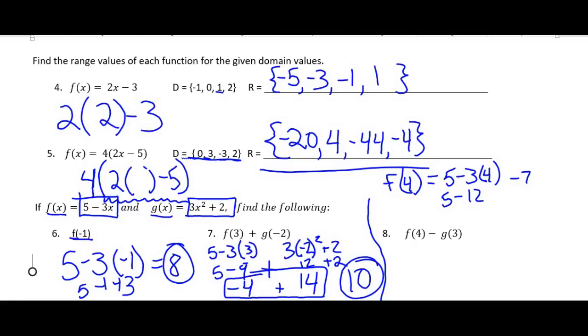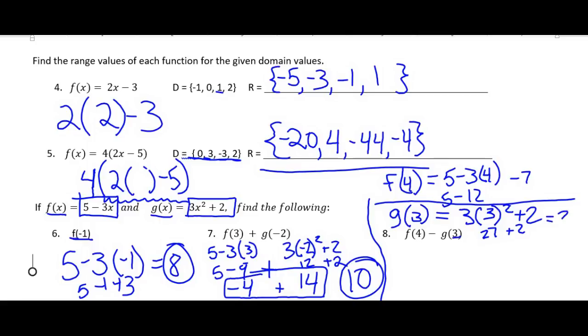G of 3 gives us 3x squared plus 2, plug in the 3 here from the g of 3. We're going to get 3 squared, which is 9, times 3 is 27, plus 2 is 29.